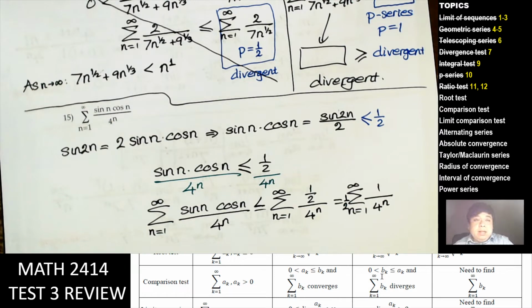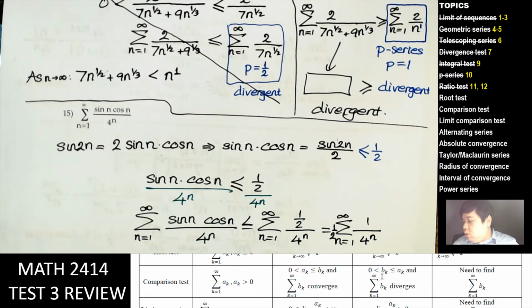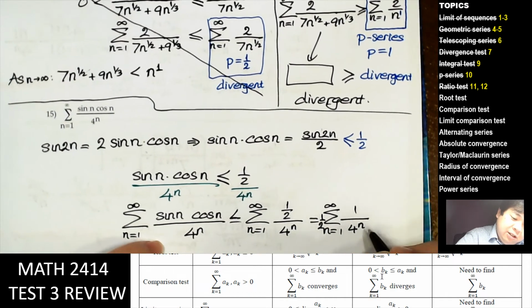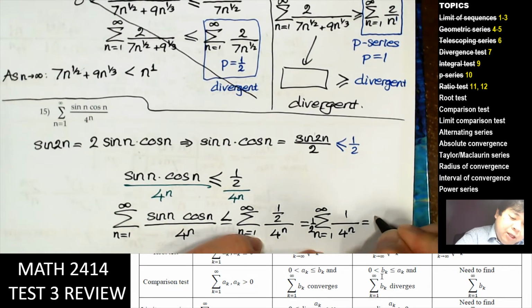Right. So what kind of series is this? I mean the 1 over 4 to the n power. Now, if we rewrite this, we still have 1/2 though.